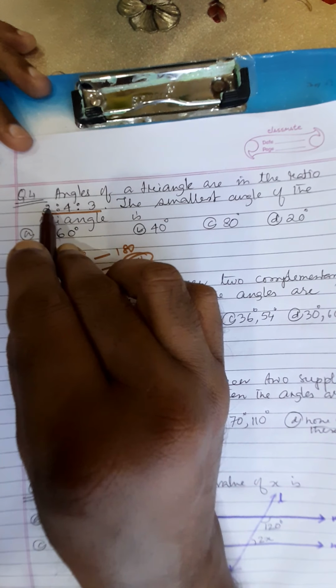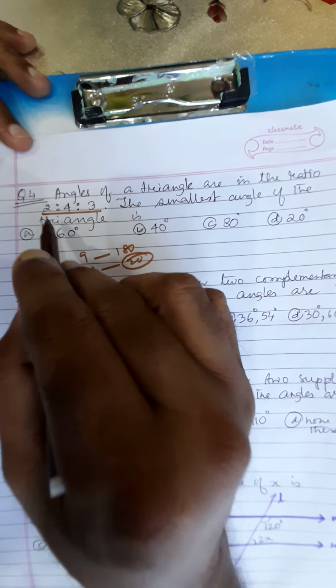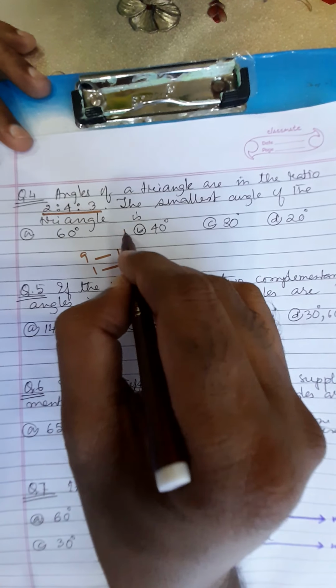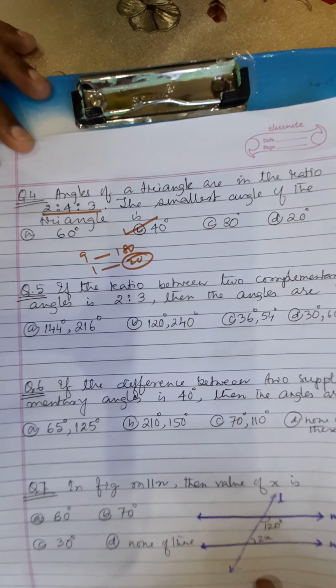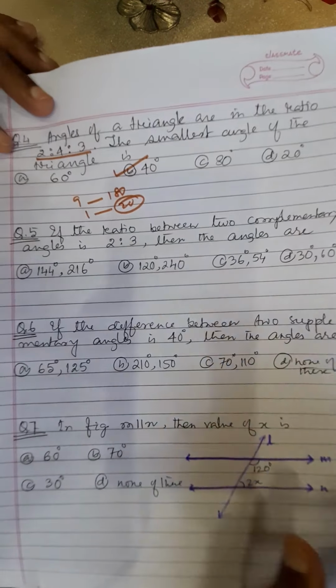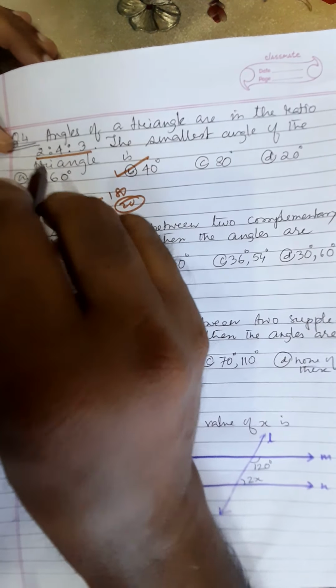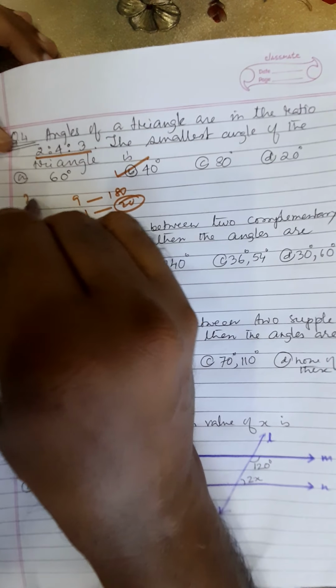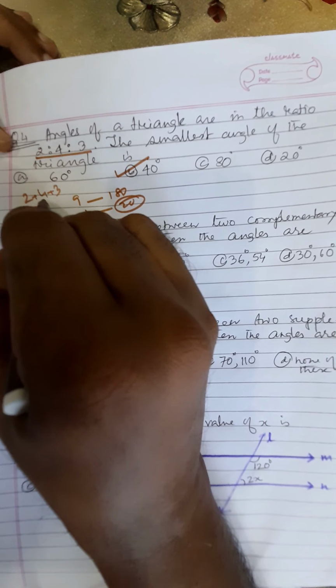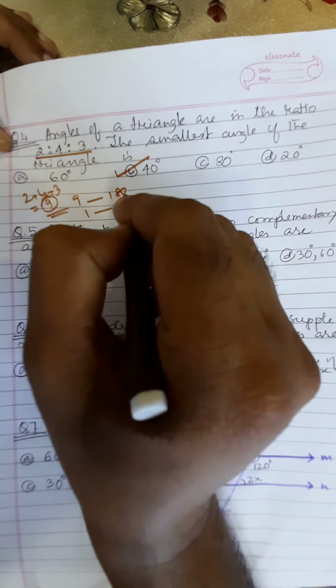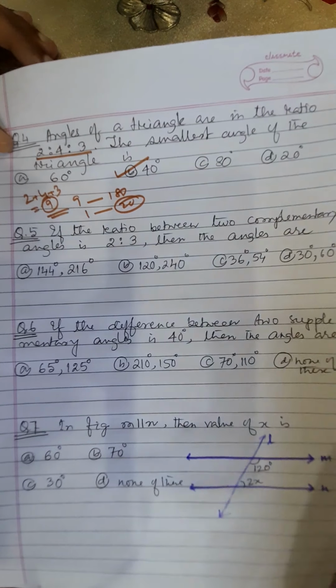The smallest is 2 parts. 1 part is 20, so 2 parts is 40. So the correct answer is 40 degrees. Be careful: 2 plus 4 plus 3 total is 9, so 9 is equal to 180. It is related to angles.